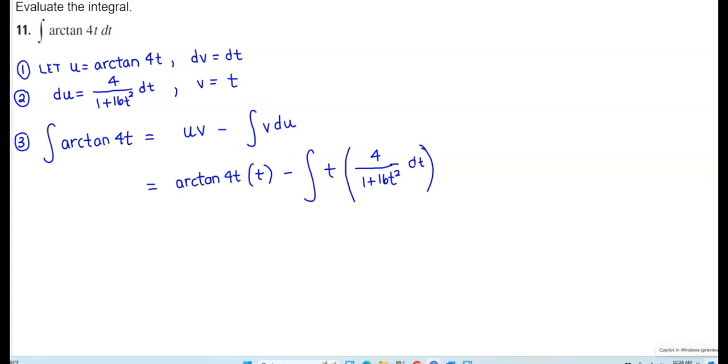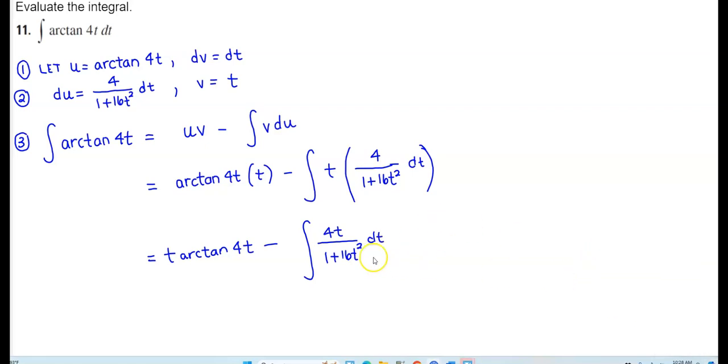Okay, so now let's just go ahead and reorder this. So we have t times the arctangent of 4t minus the integral of 4t over 1 plus 16t squared dt.